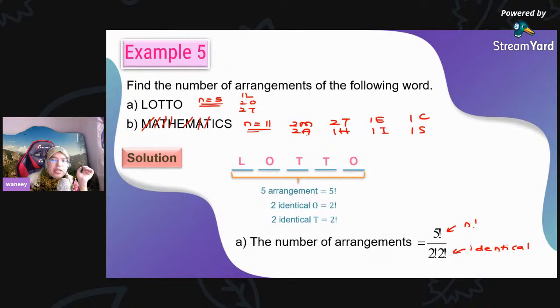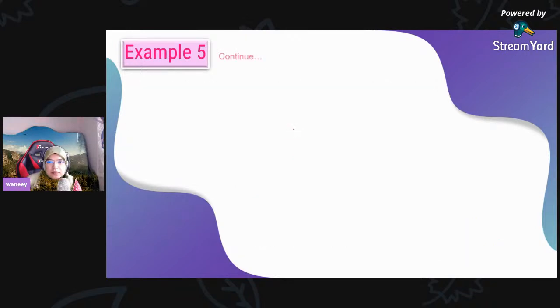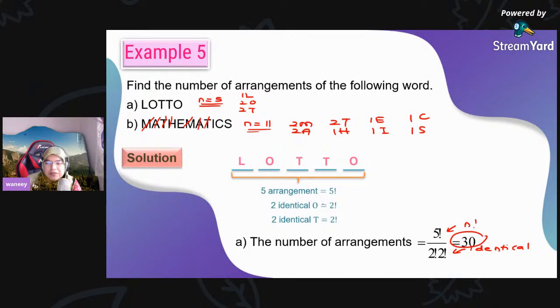So it's supposed to be 11 factorial over... I have identical M, identical A, identical T. So it's 11 factorial over 2 factorial, 2 factorial, 2 factorial. So we got 3 of them. Oh, just now the answer is 30. I forgot to give you the answer. The answer is 30 just now.